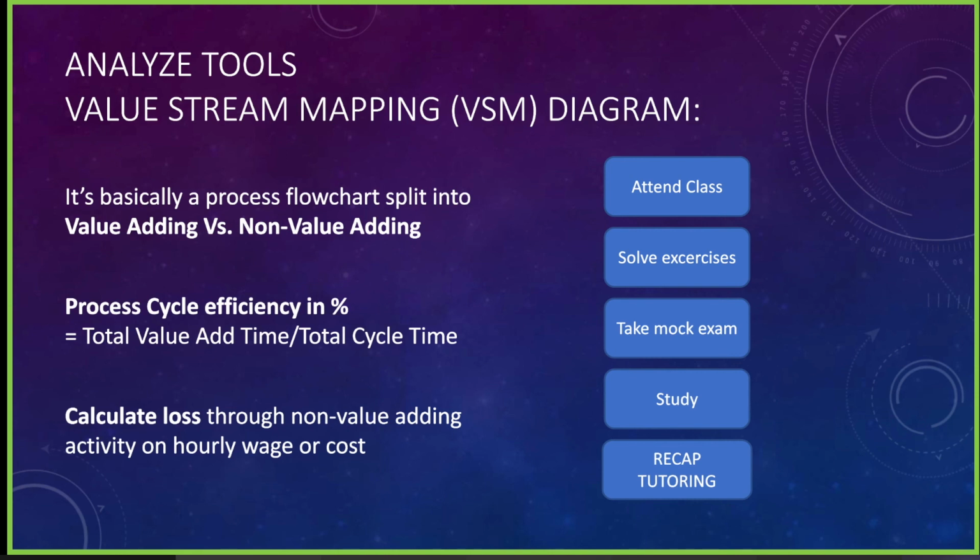This will give us the percentage of, let's say, productivity within our cycle. And we can also calculate how much money we lose through the non-value adding activities. So, for example, if a waiter has to move 5 times the way instead of 1 time, even though it doesn't help our productivity, we still pay that waiter a wage, and we can base our calculations on that wage.